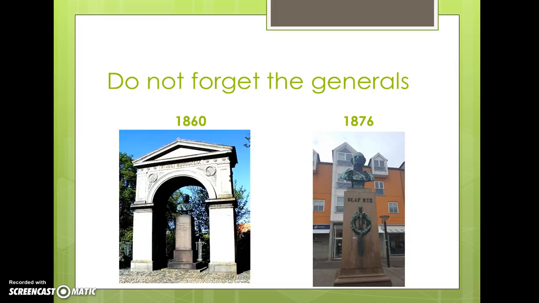So this was the rather confused memorials to the Battle of Fredericia. You see democracy, you see, if not absolutism, then at least a celebration of the generals at the same time, and you also see traces of nationalism, traces of romanticism, alongside these traces of democracy.